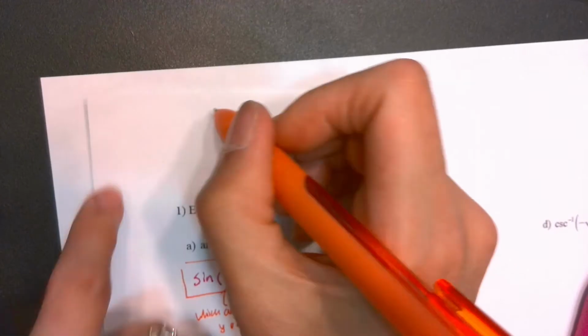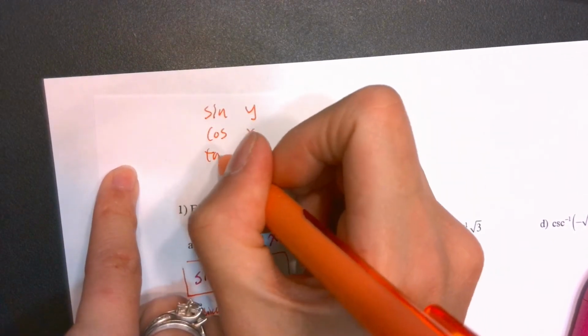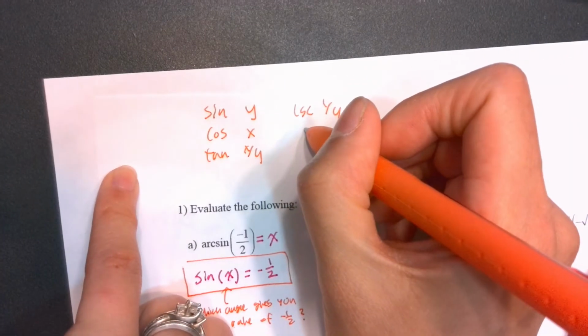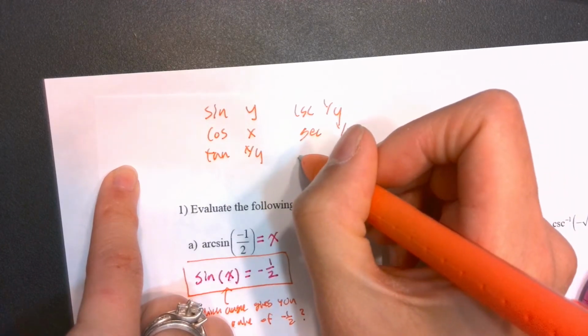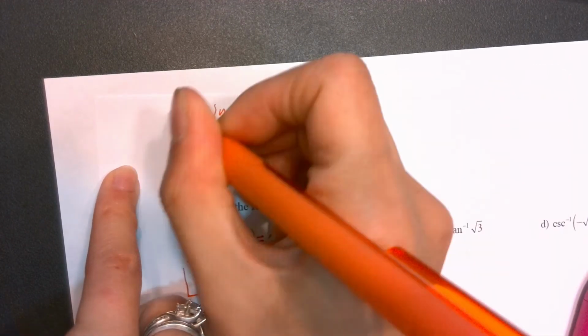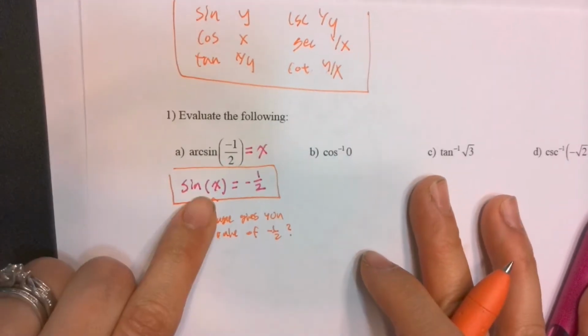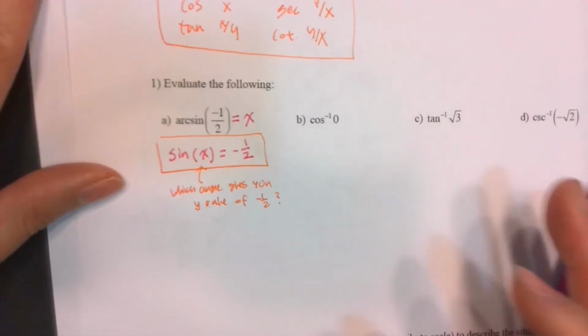Let's review that. Sine goes with the y value, cosine goes with the x value, tangent goes with y over x, cosecant goes with 1 over y, secant goes with 1 over x, cotangent goes with x over y. That's how to find those trig ratios on the unit circle. So once again, this is asking which angle gives you a y value of -1/2.